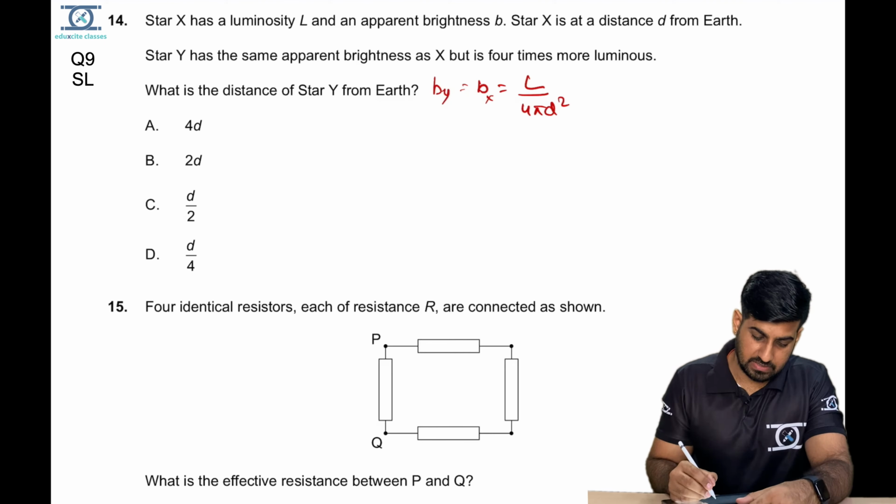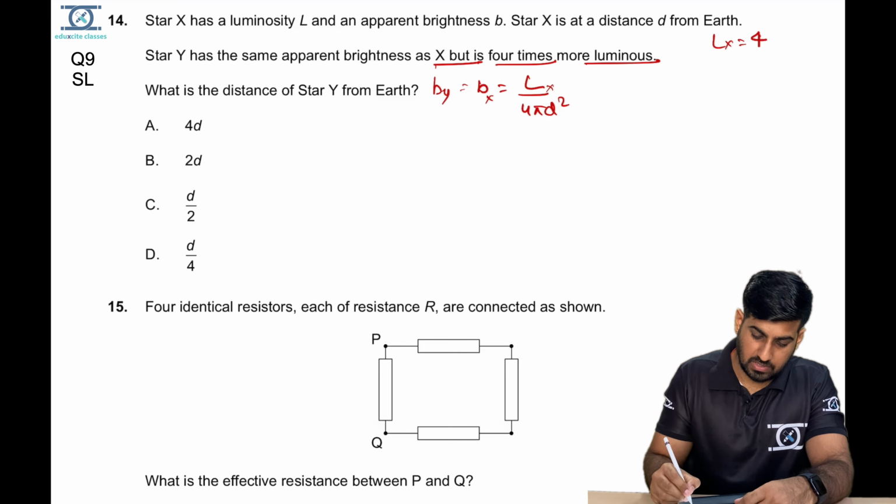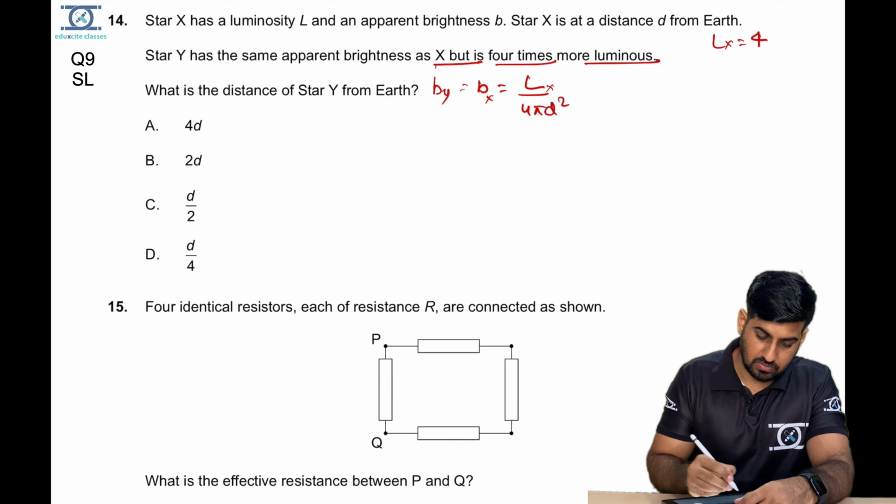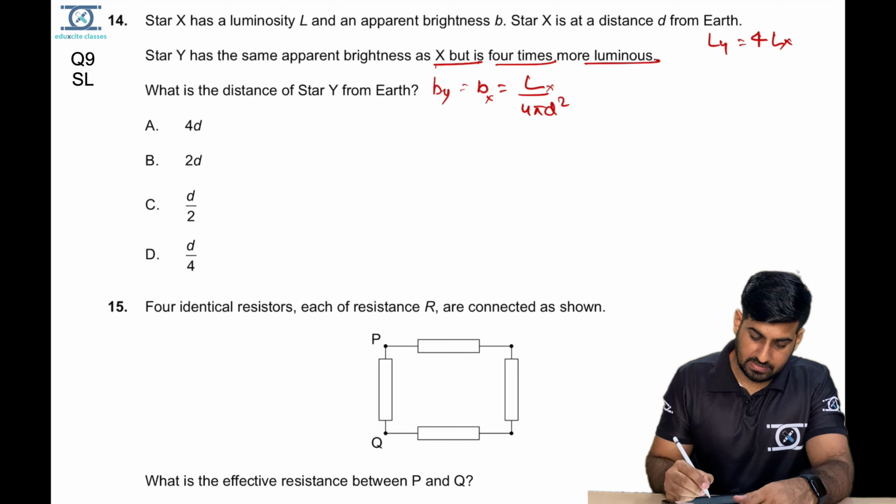If I equate this, Lx upon 4 pi d square is equal to Ly upon 4 pi dy square, where Ly is 4 times Lx, since Y is 4 times more luminous.